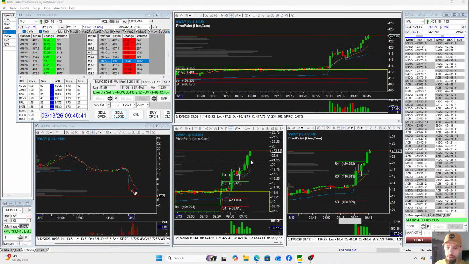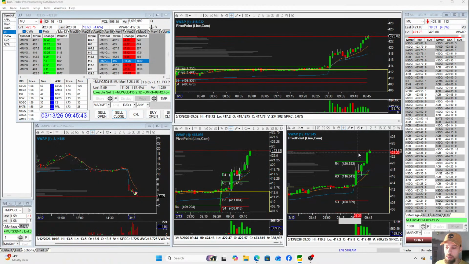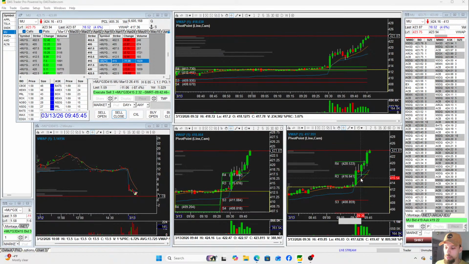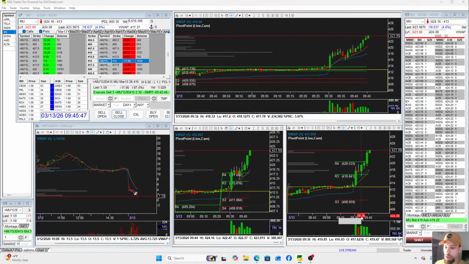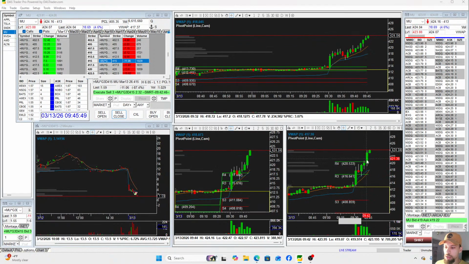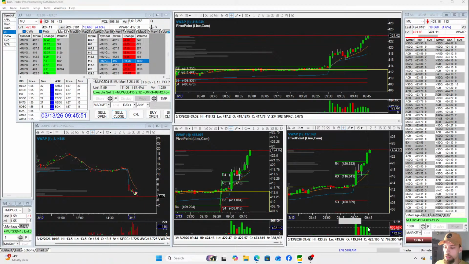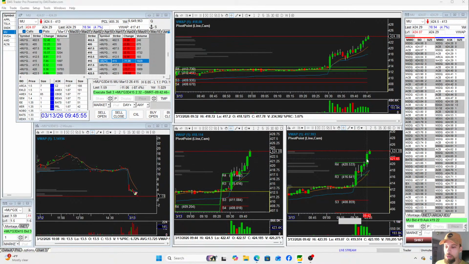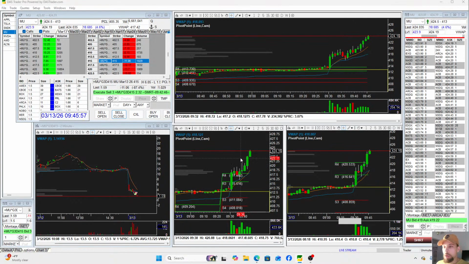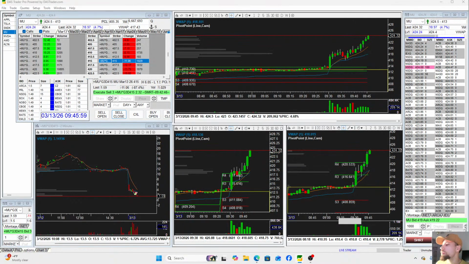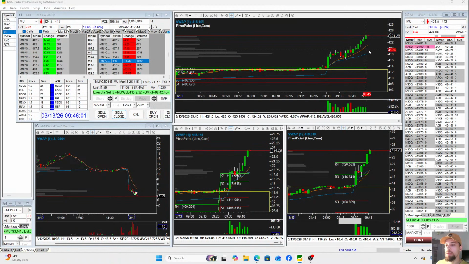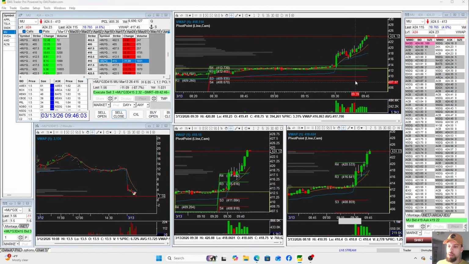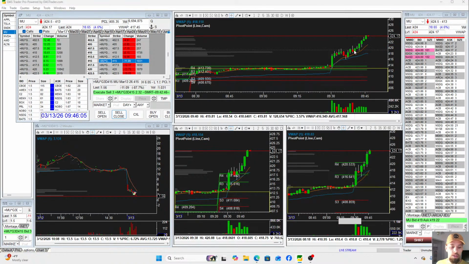Very bullish on the candlesticks here. You can see a lot of big green candles. Volume's been very steady. Nice good amount of volume here as it's pushing up on the 2 minute chart and 3 minute chart. So if I was to short this again, I really need some good confirmation here.